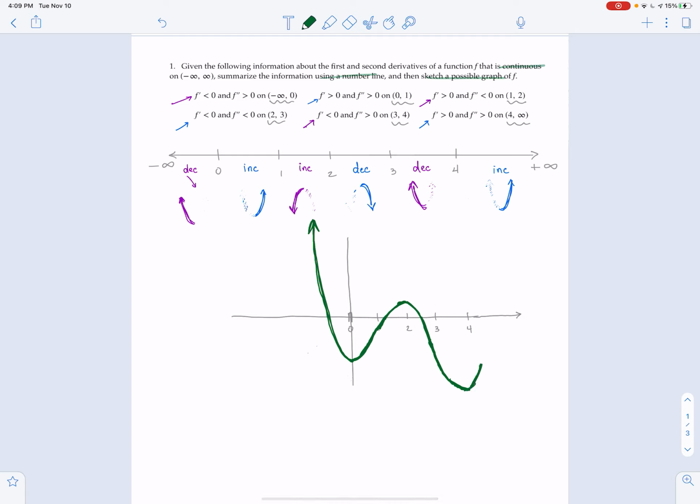And then from 4 to infinity, I am increasing and concave up. You'll see that the pencil strokes here are not clear. It's really like a sketch if you do any sort of drawing or painting. But what we can do is really rough out the shape of this graph and get something like what I have here.